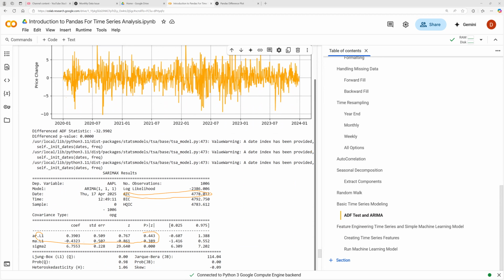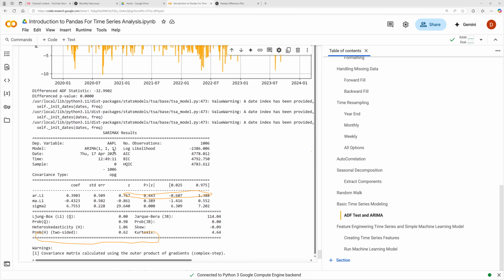Okay. And like I said, there are a lot of other tests here for time series, which I will not go into. You've got the Ljung-Box, Jarque-Bera, skew, and kurtosis, which everybody should know if they know basic statistics. Heteroscedasticity and whatnot. Okay.